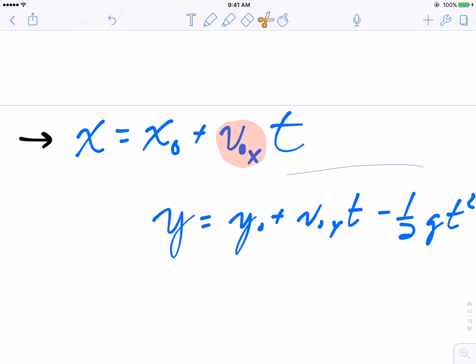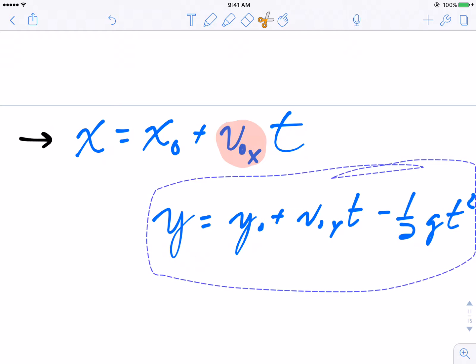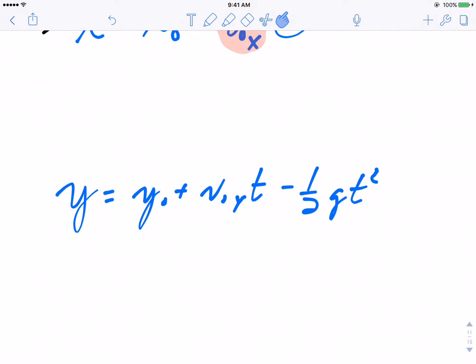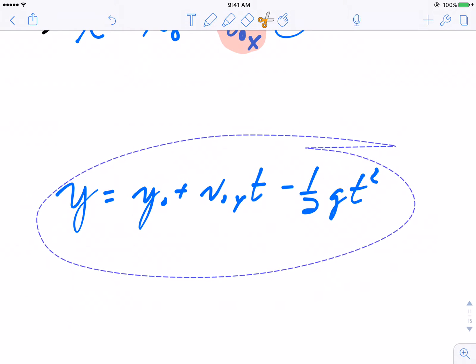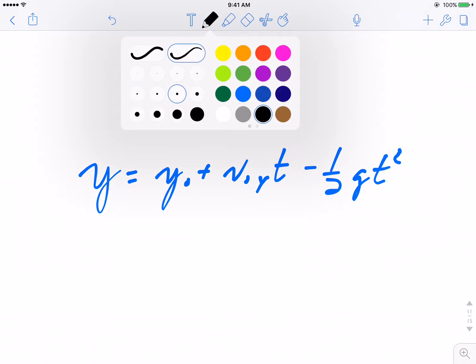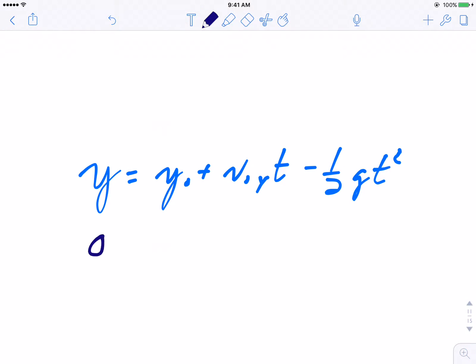And the best way to do this is going to be take this formula and we're going to plug in the values that we know. So we've got in our problem that y final is 0.